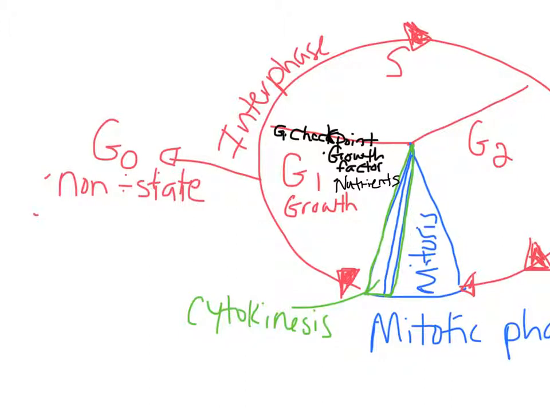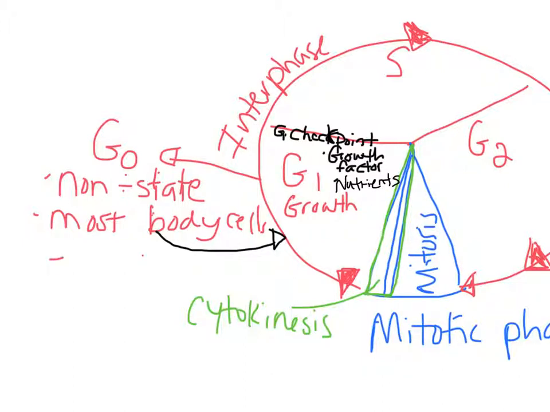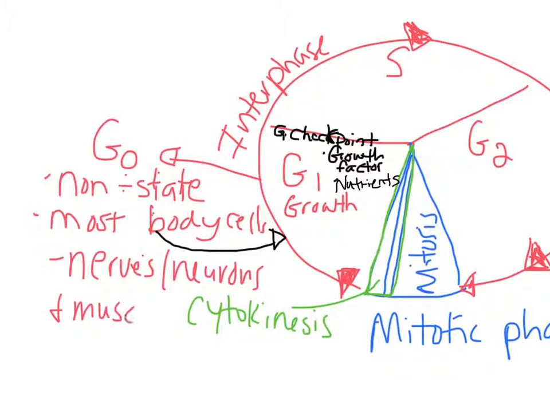Most adult body cells are in G0. A lot of them can be called back out of G0, back into G1, except for things like nerves, neurons, I should say, because that's the cell, and muscle cells in adult humans particularly.